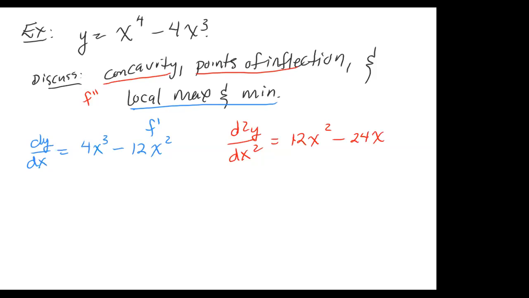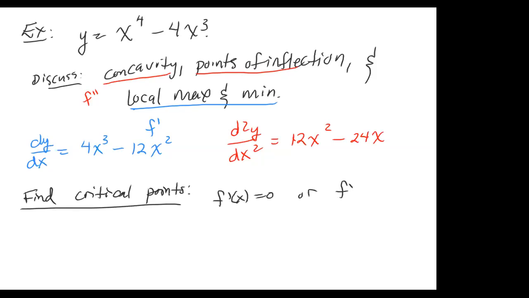Let's find any critical points. This is where f prime of x is equal to 0, or f prime of x does not exist. So first derivative, 4x cubed minus 12x squared. I'm going to set that equal to 0, factor, and solve.